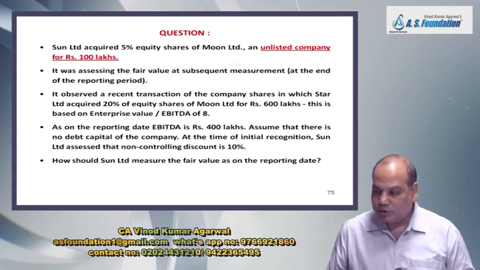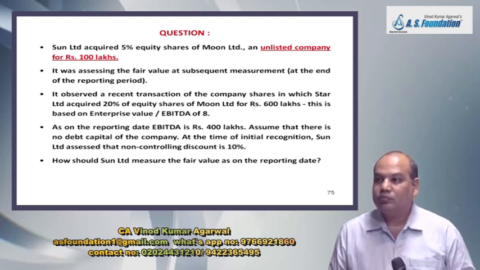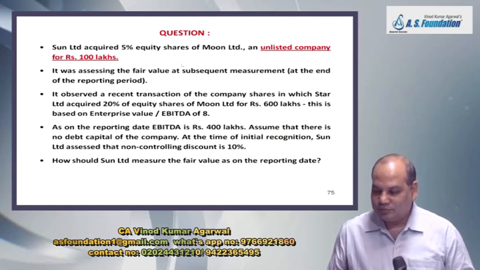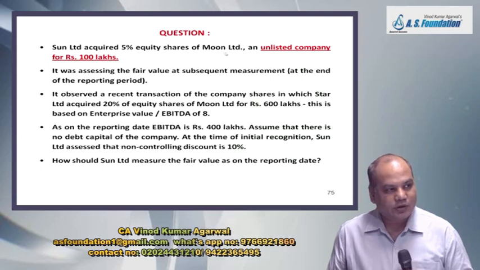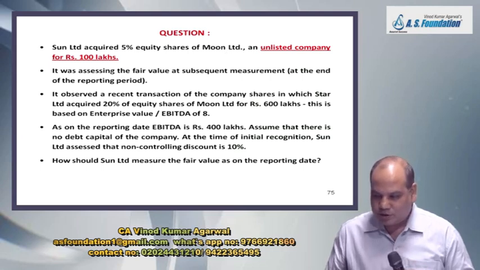This is a good example of how you use other companies' data or a recent transaction. Okay, start. Sun Limited acquired 5% equity share of Moon Limited, an unlisted company, for rupees 100 lakh.